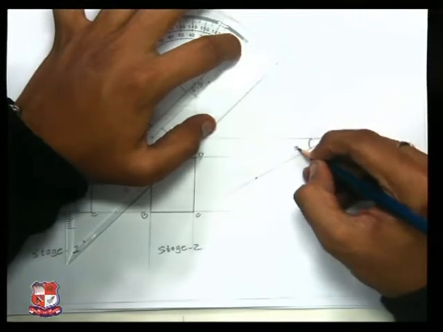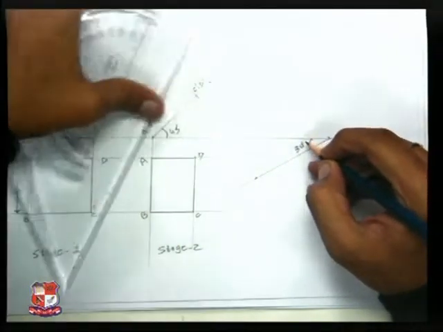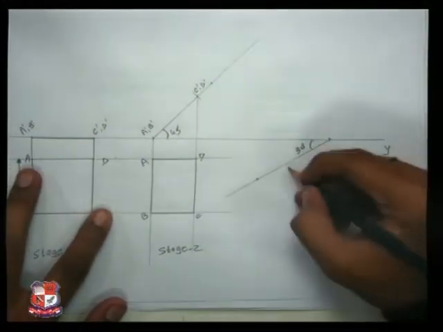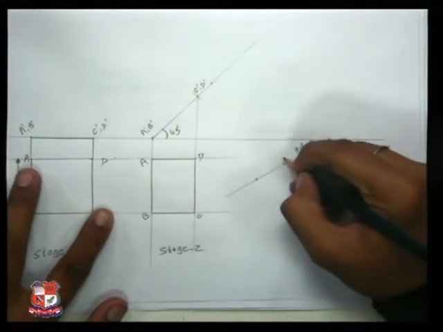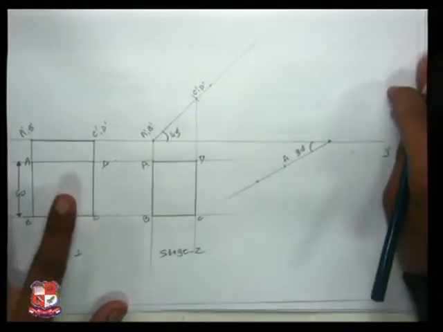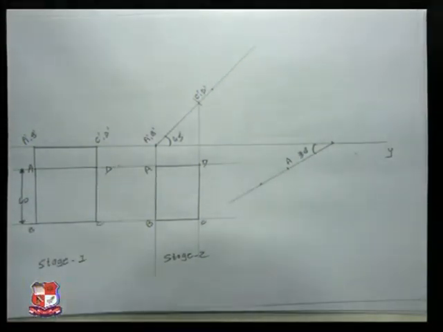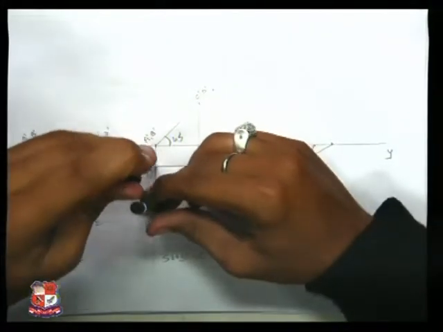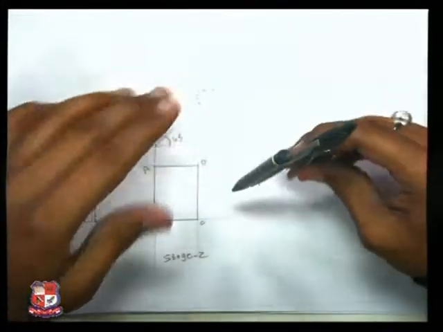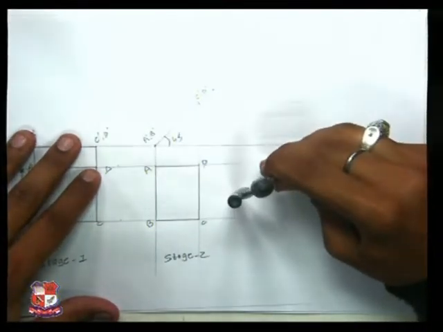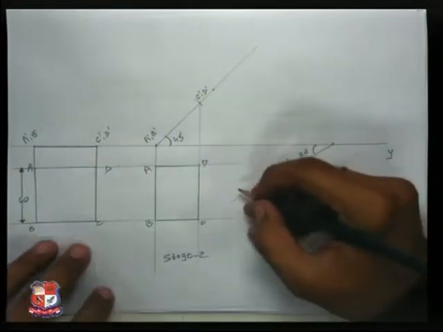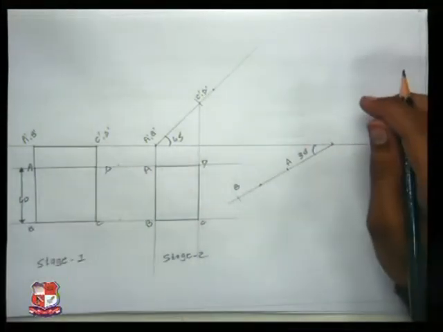This line is at 30 degree below XY line. On that line I have taken a reference point of A. Again same procedure would be there. A to B is radius. Mark an arc on this line. Name is B.